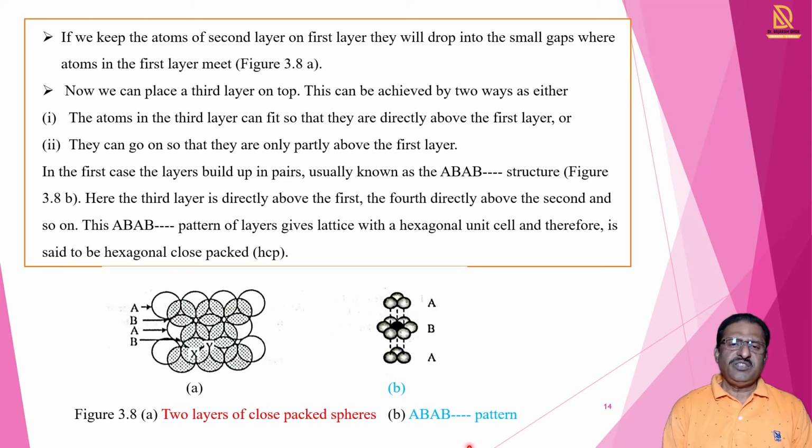how is that HCP formed? In that case, we first place one line. We keep the atoms in one line, that is layer A, and then we keep the second line, that is B. We keep the atoms in the second layer on this first layer, and they will drop into the small gaps where atoms in the first layer meet.